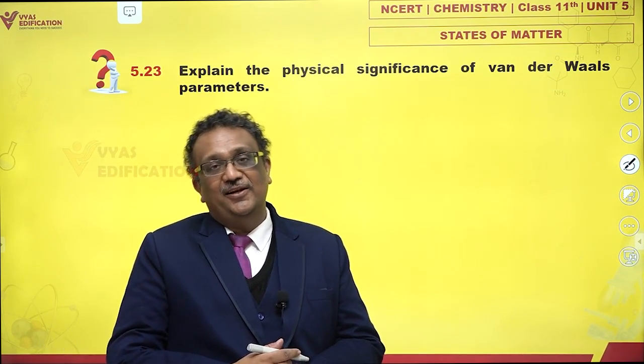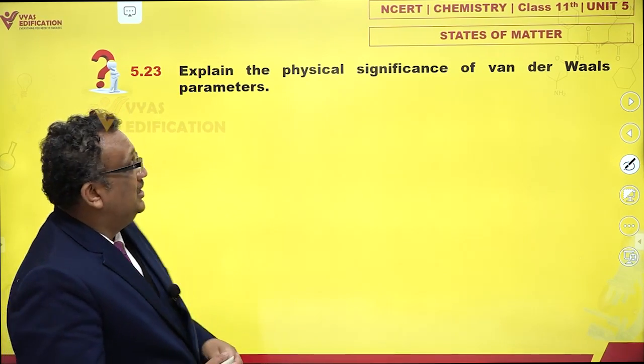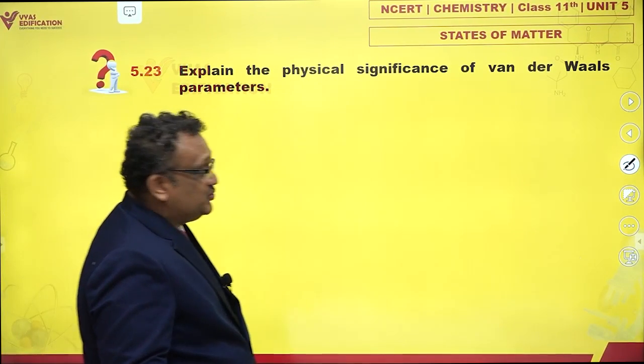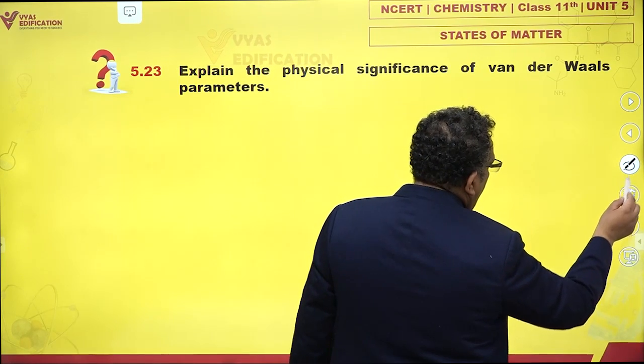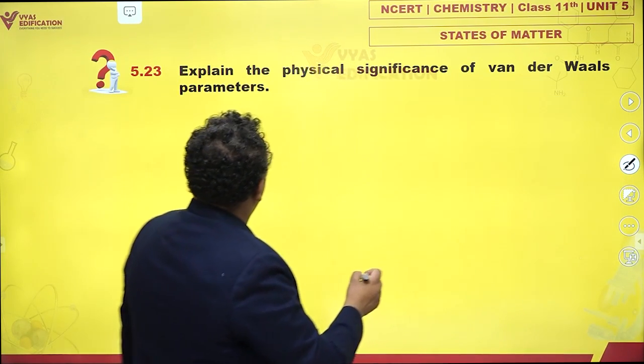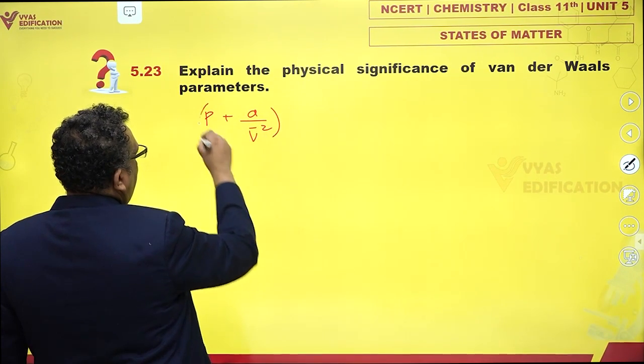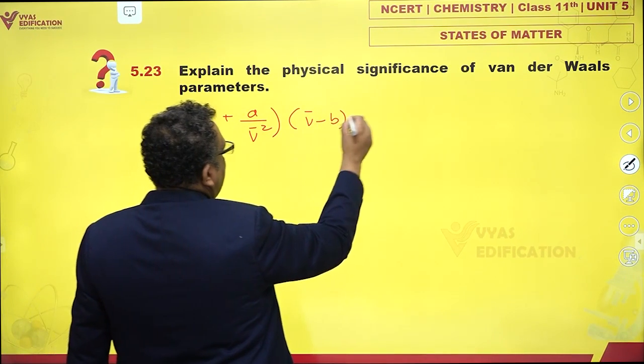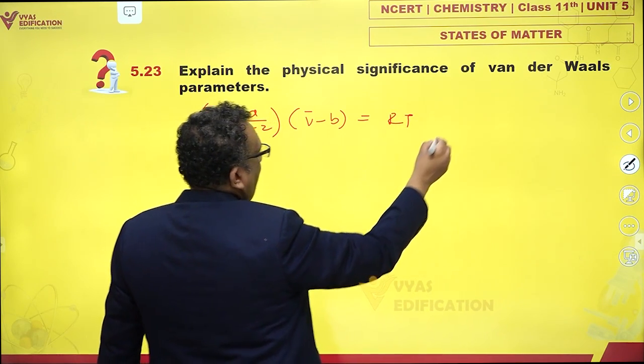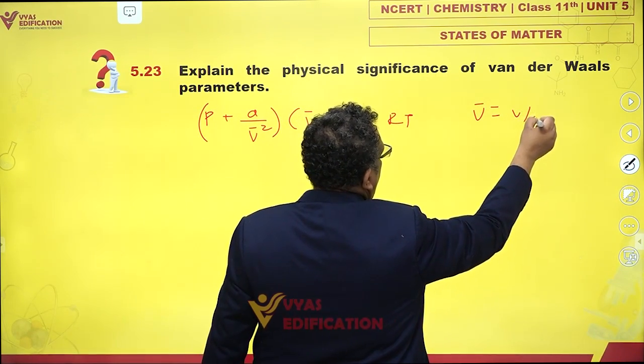Explain the physical significance of van der Waals parameters. There are two van der Waals parameters, small a and small b. Let me write down the van der Waals equation also. It is (P + a/V̄²)(V̄ − b) = RT, where V̄ is the molar volume V by n.